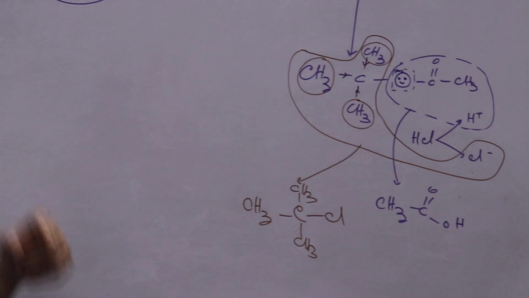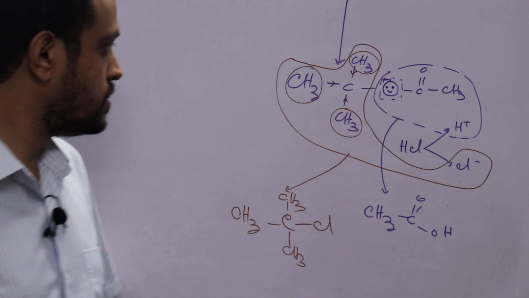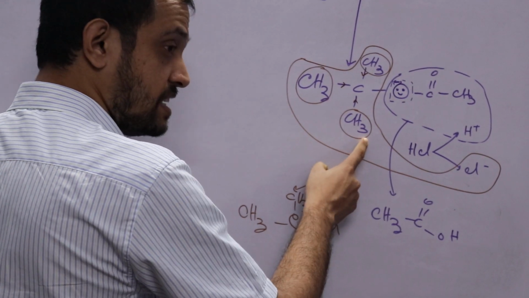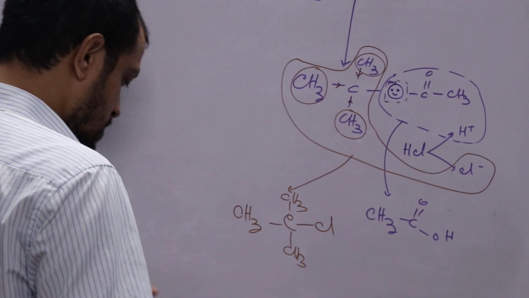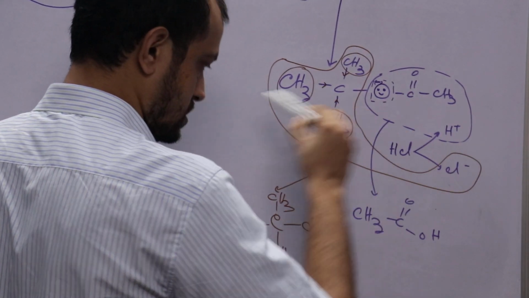Now listen, due to the acidic property of HCl as well as the plus I effect of the CH3, that is the alkyl groups, this product is becoming unstable.